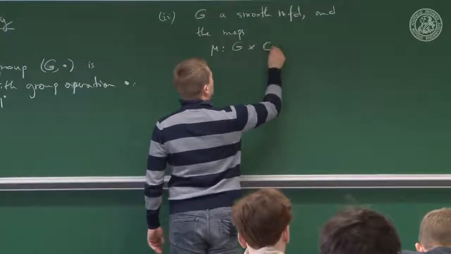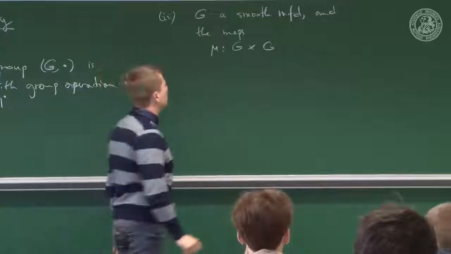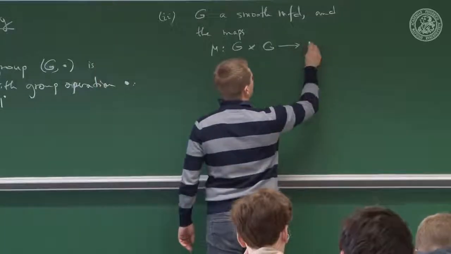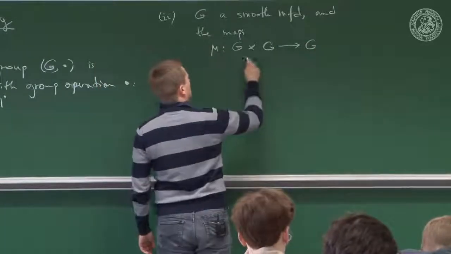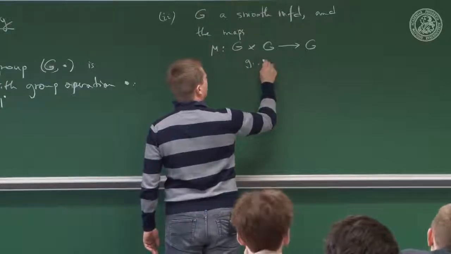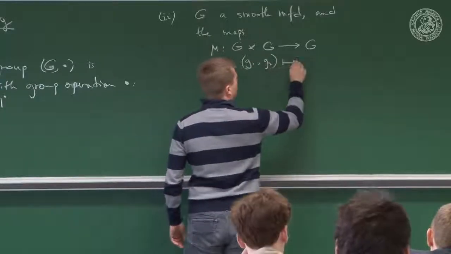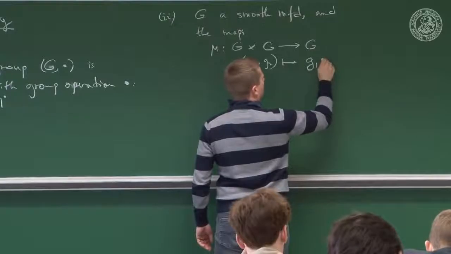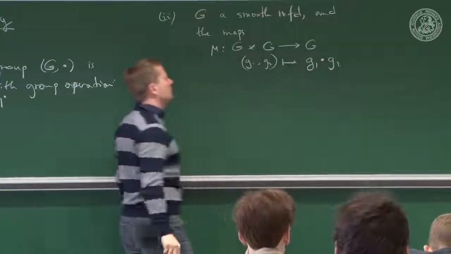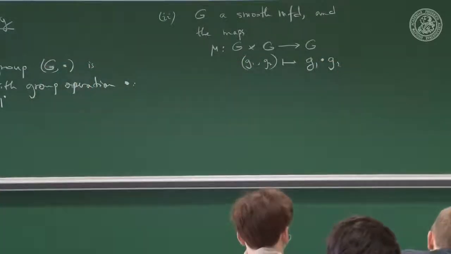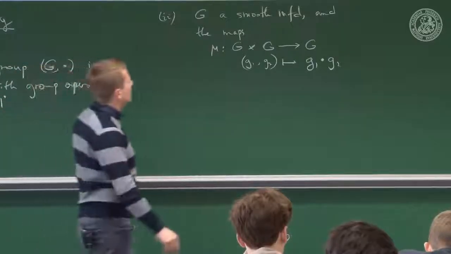Mu takes a pair of elements G1, G2 in G and sends them to the blob product of the two. That's a map, and that's just a group operation.